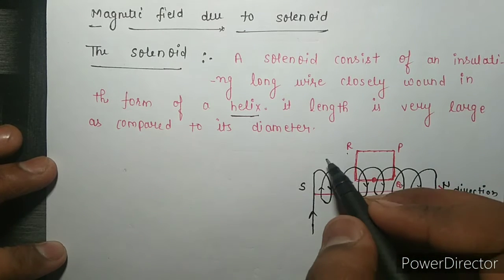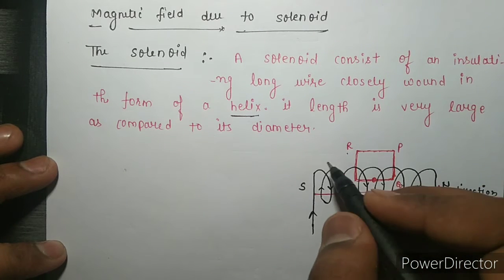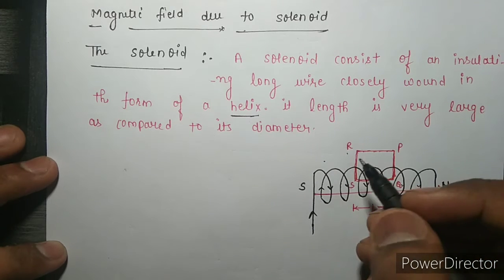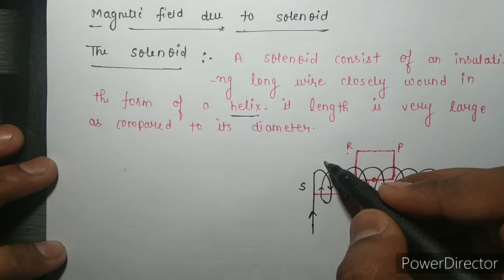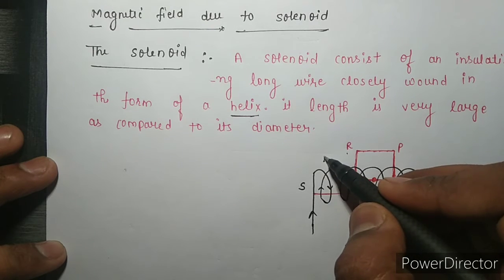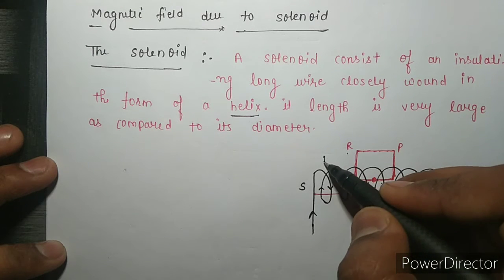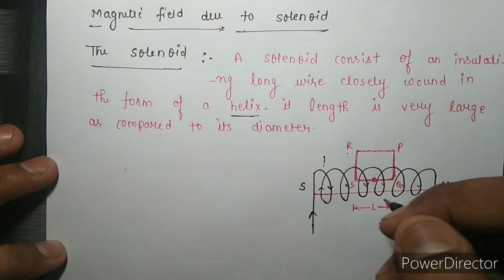So if the magnetic field due to one is upward, due to the other it is downward, and they cancel out.